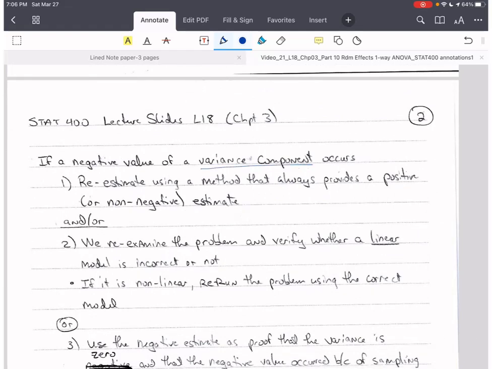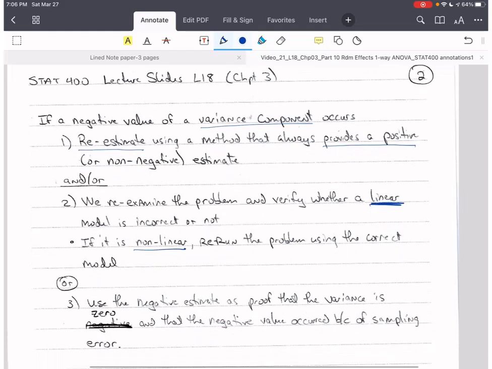Okay? So if you get a negative estimate of the variance component, you have a few options. One is to re-estimate using a method that always provides a non-negative estimate. We could also, or instead, re-examine the problem and verify that a straight line model is correct or incorrect. If it is nonlinear, then you'll need to rerun the problem using the correct model.